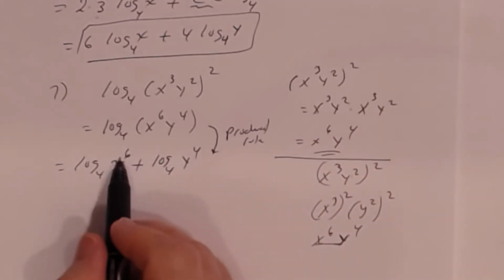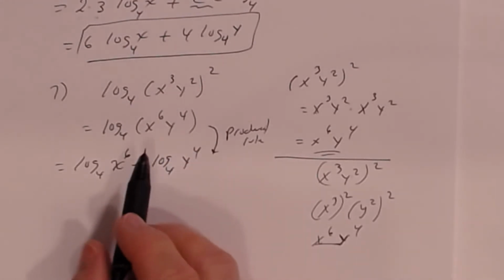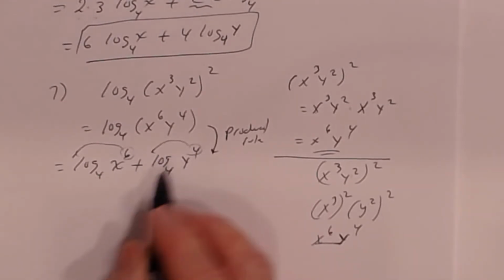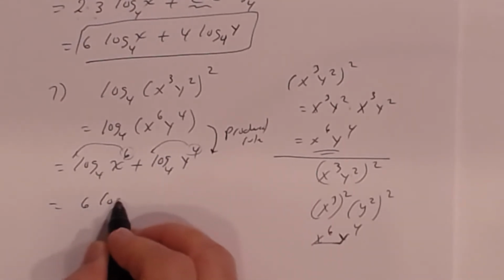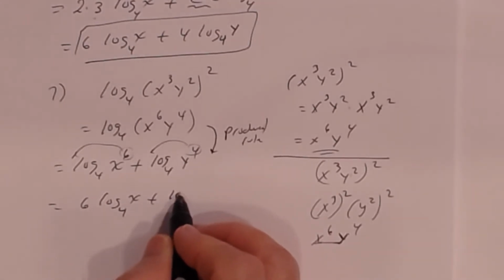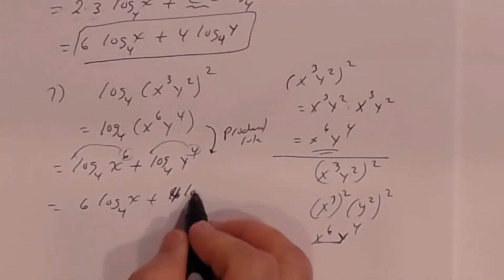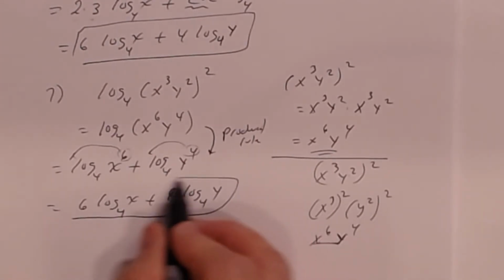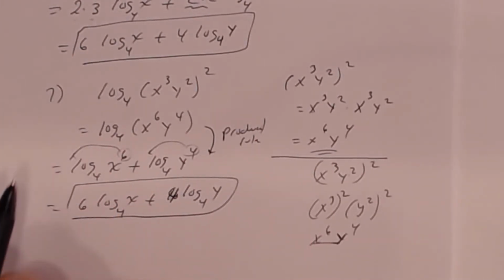Now I can use the power rule. I'm going to take this exponent and put it out in front. So this becomes 6 log of x base 4 plus 4 log of y base 4. And notice this answer is the same as this one.